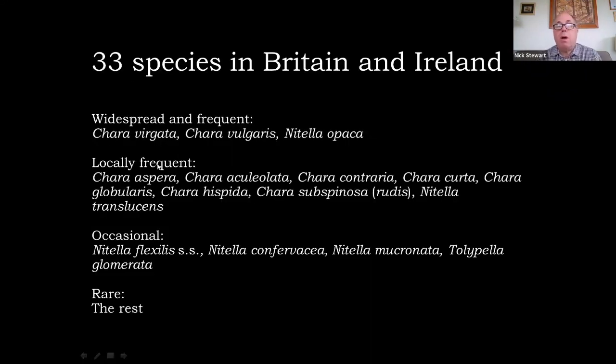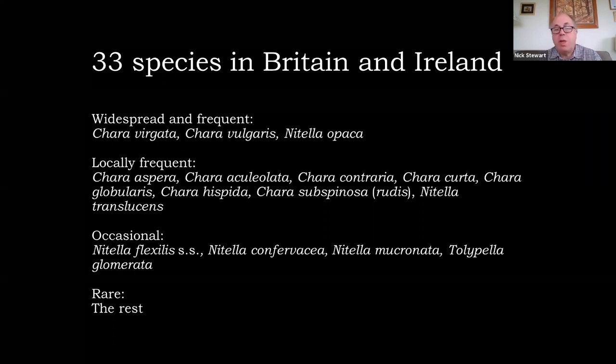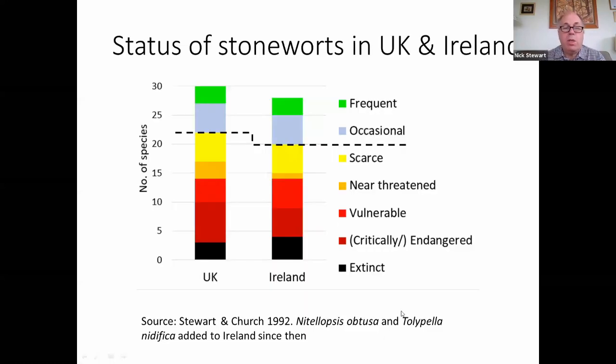So there are 33 species in Britain and Ireland, and the main point of this slide is to really show that there are actually only half of these that are at all frequent. Most of them are extremely rare, and this shows just that over half of them are red listed both in Britain and in Ireland.